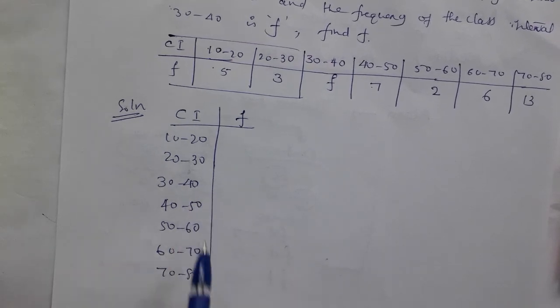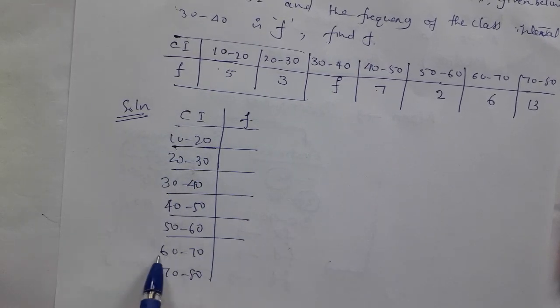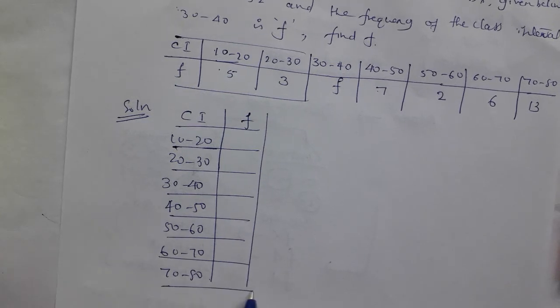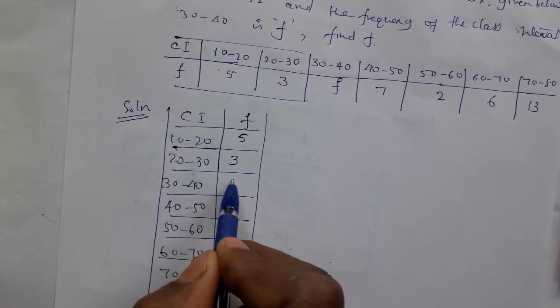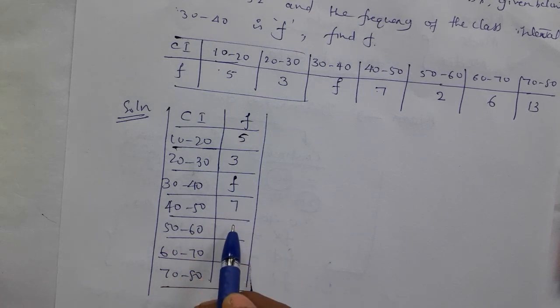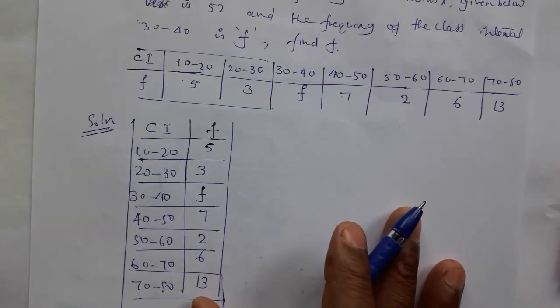There are totally 7 rows. Under the frequency: 5, 3, f, 7, 2, 6, and 13. So this is given. Now, as usual, methods will follow.